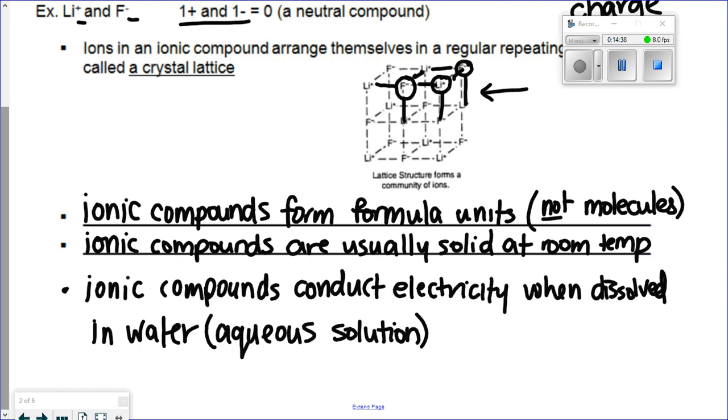I have these little conductivity meters that I usually do some demos with, but I might try to post a video of conductivity. If I took something like sucrose, which is white sugar, and dissolved it in distilled water and used my conductivity meter, it actually doesn't conduct electricity because molecular compounds don't form those ions. So there's no electron transfer, therefore it cannot conduct electricity.